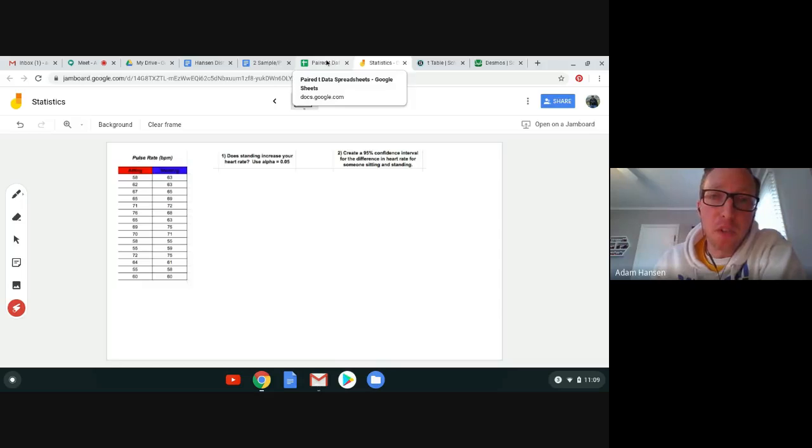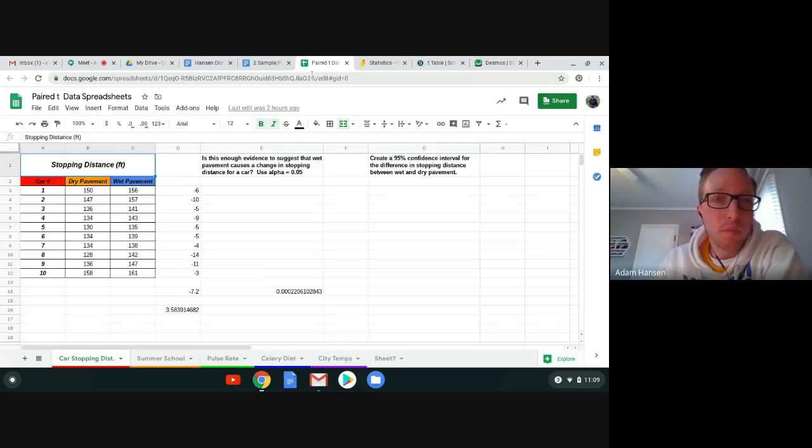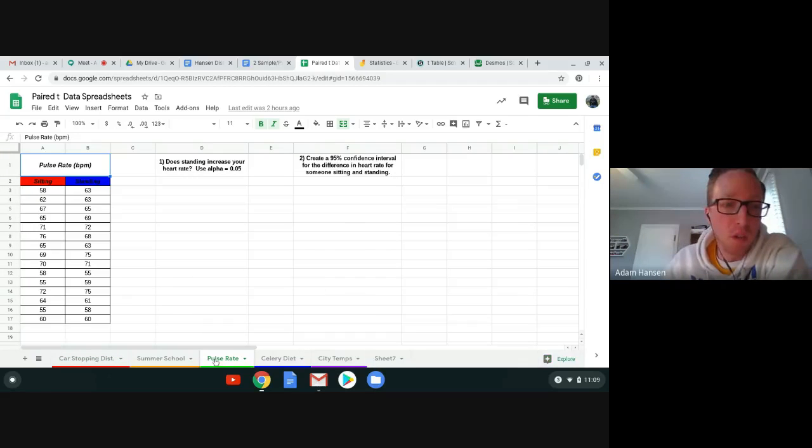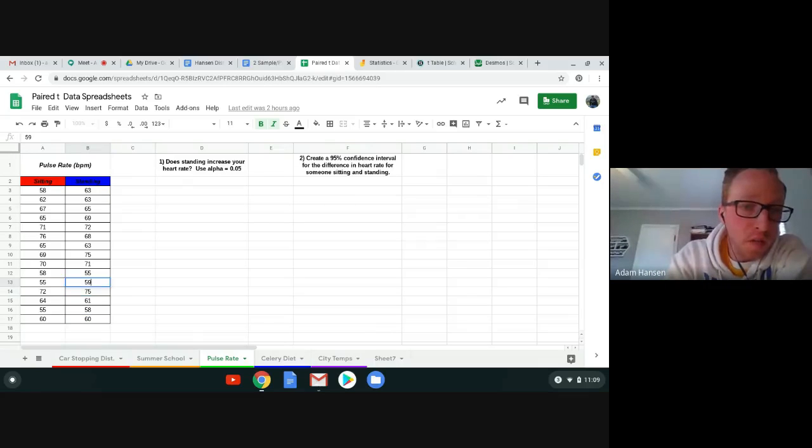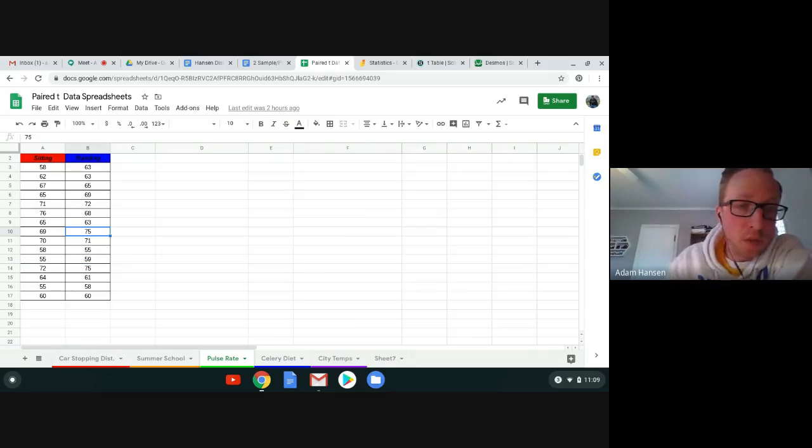I have this spreadsheet on this document here. Go ahead and select the pulse rate tab in green down below, and we've got the same set of data. Looks like we're looking at 1, 2, 3, 4, 5, 6, 7, 8, 9, 10, 11, 12, 13, 14, 15, 16.